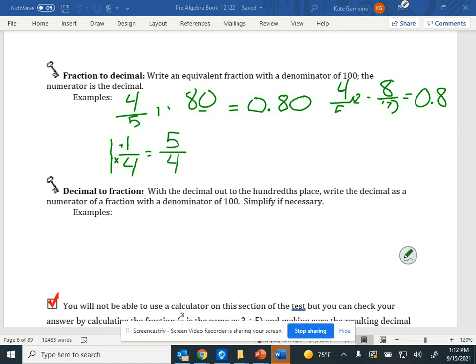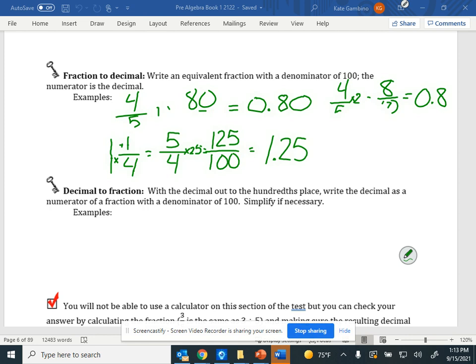And then we want to get our denominator of 100. Here it wouldn't work to put it as a tenth because 4 doesn't go into tenths. We want to go up to that 100. To go from 4 to 100, we multiply by 25. 5 times 25 is 125. So that's 125 hundredths. So we know it would be 1 with 25 hundredths.